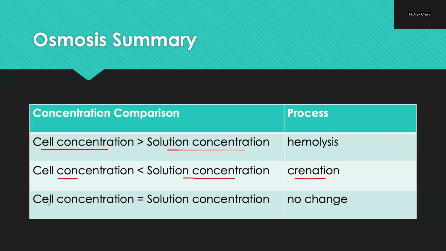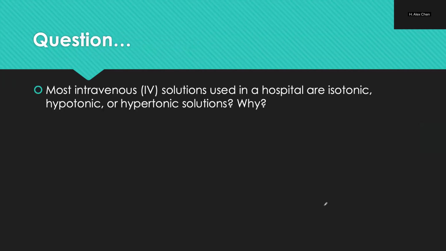And in the ideal situation where the cell concentration is equal to the solution concentration, the cell will undergo no change. So question: are most IV solutions used in a hospital isotonic, hypotonic, or hypertonic, and why? Let's pause the video for a moment and think about your answer.